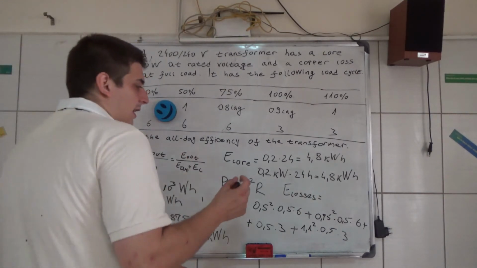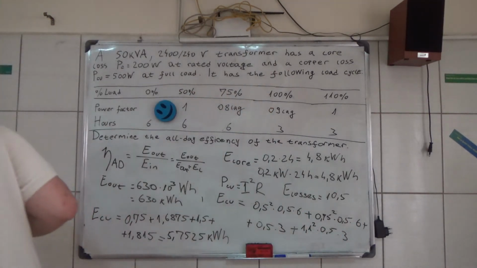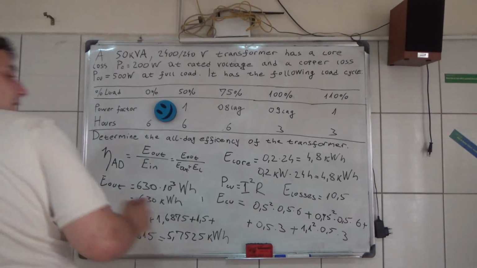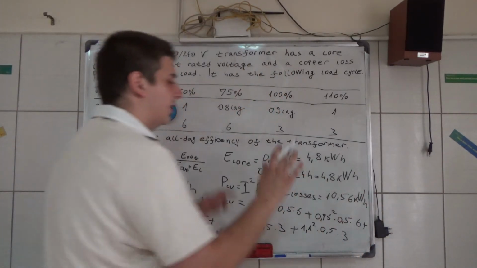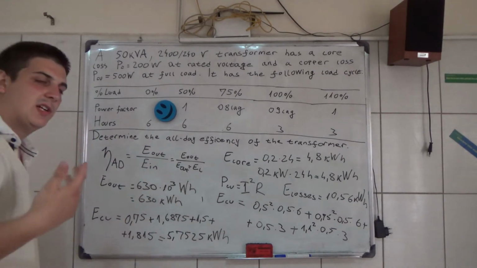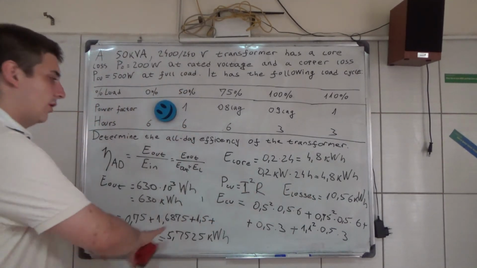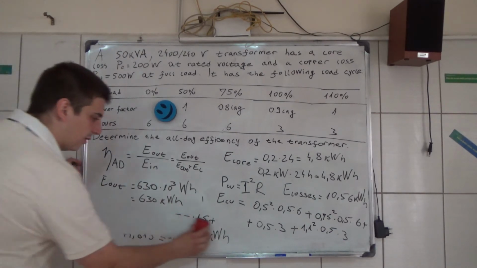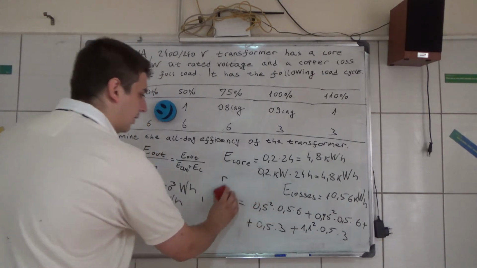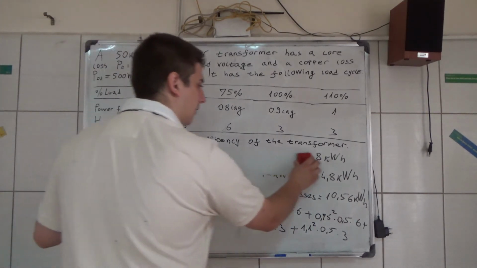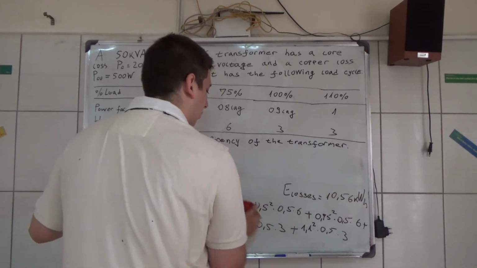In this book, that is roughly 10.556 kilowatt hours. That is in the book. Now the energy losses in the transformer is this. Don't need the rest anymore.